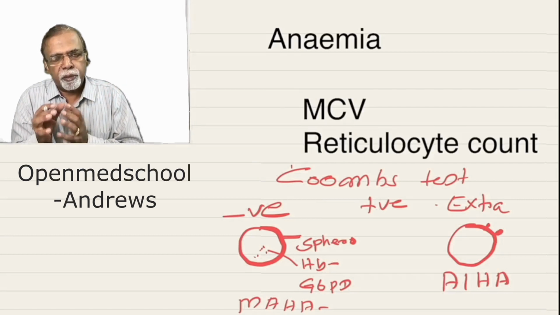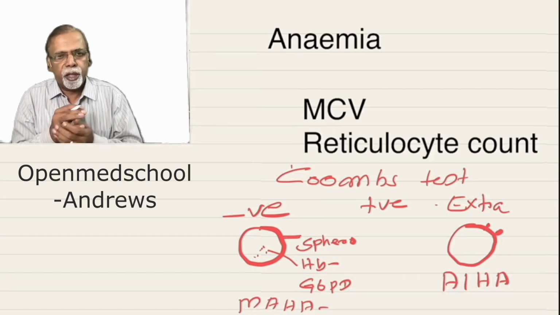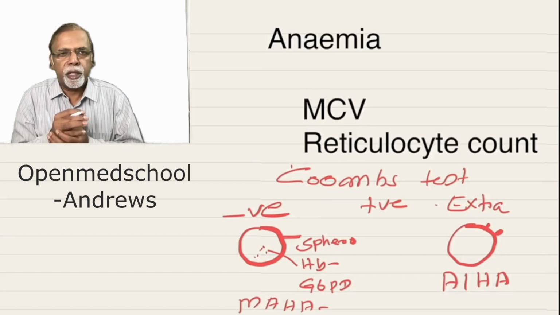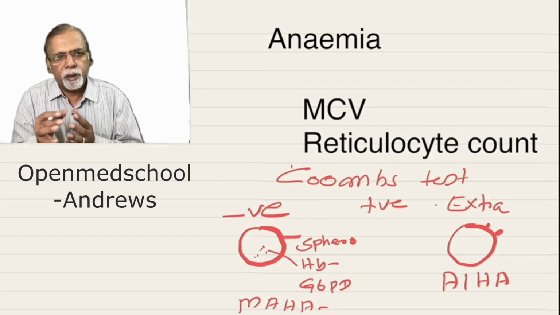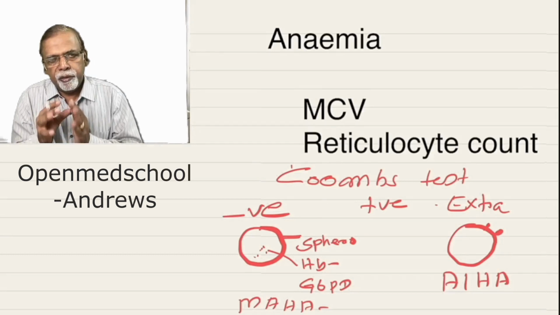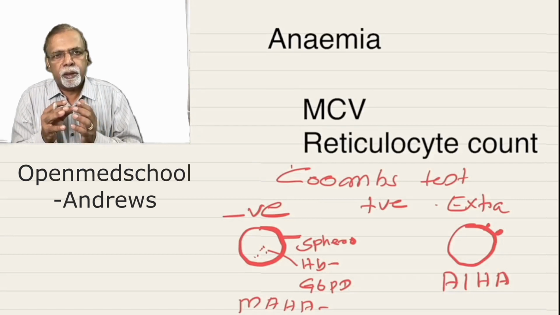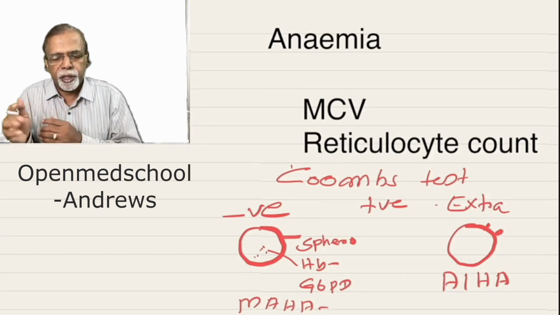The corpuscular problems can be membrane, hemoglobin, or enzymopathies, and most of these are hereditary or congenital, and family history will be consistent. So today we have discussed the usefulness of reticulocyte count in identifying the hyperproliferative anemias.